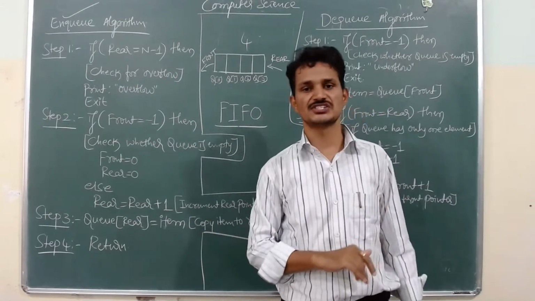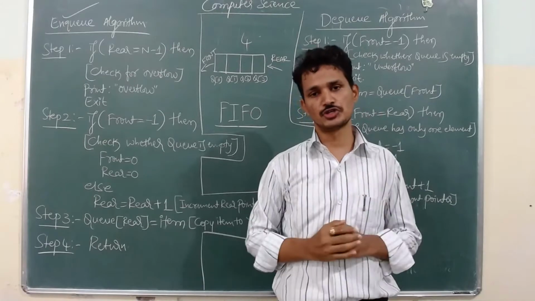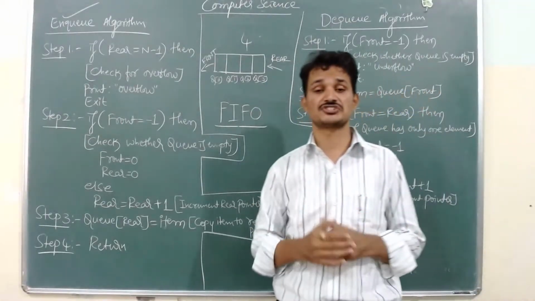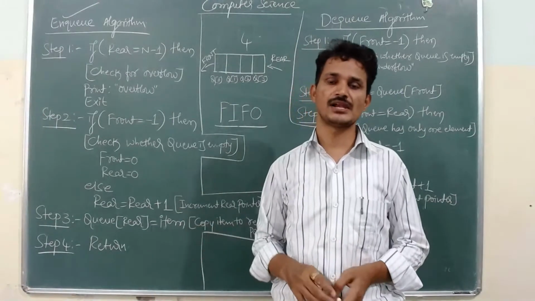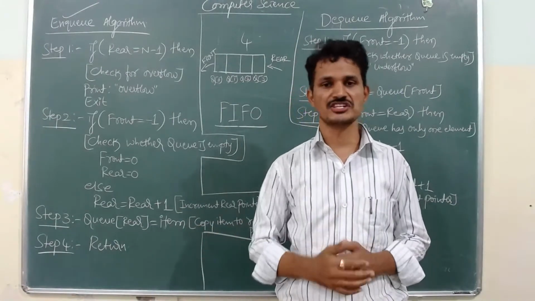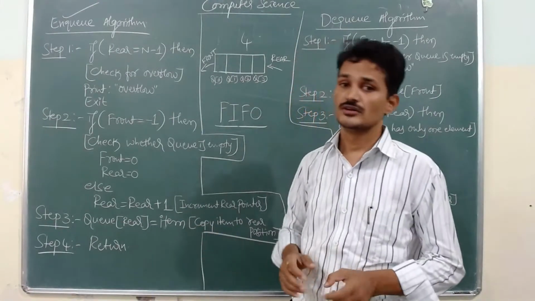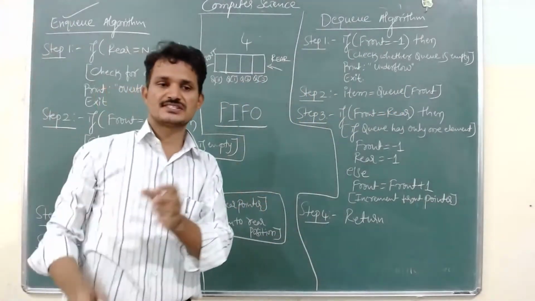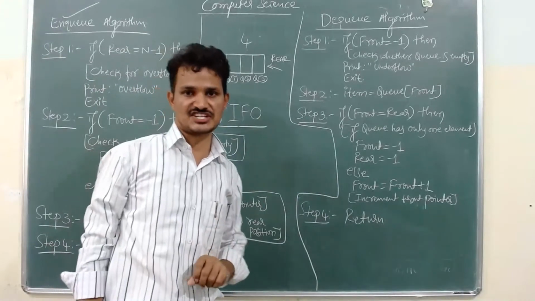Before that, we discussed the types of queue data structure and the definition of a queue data structure, along with some real life examples like banking and reservation counters. Now I'll move on to the algorithm section.